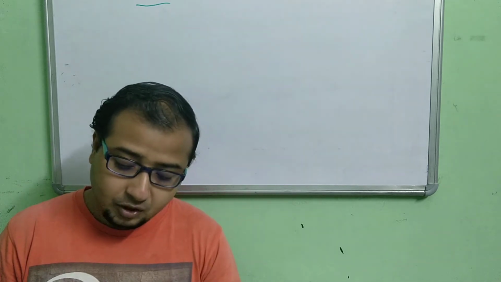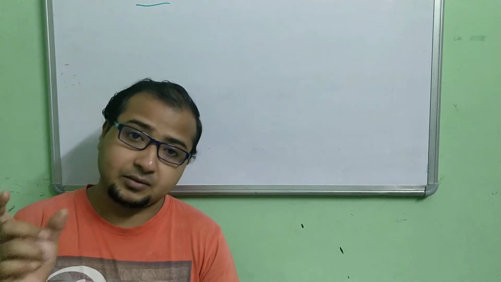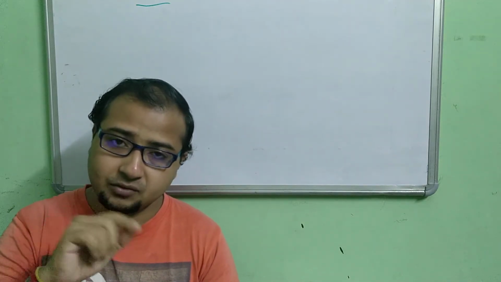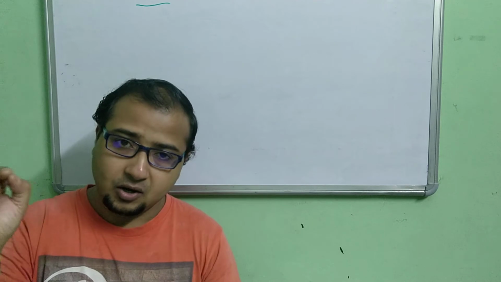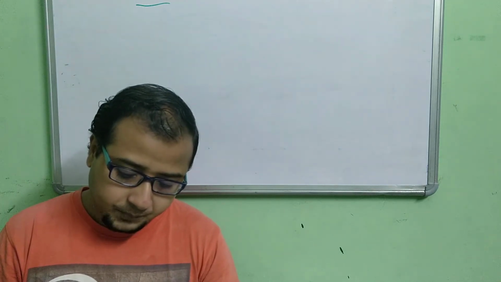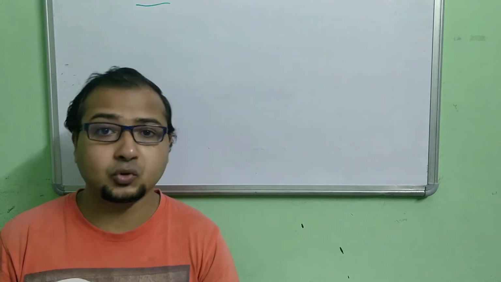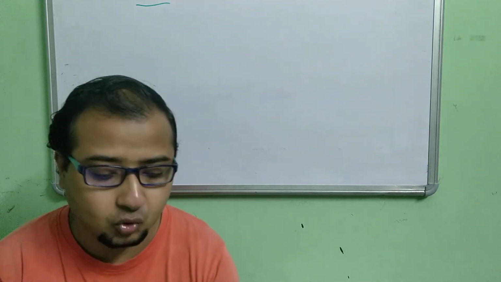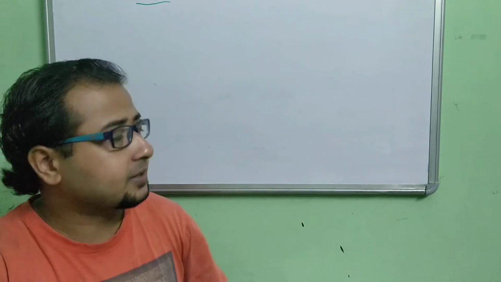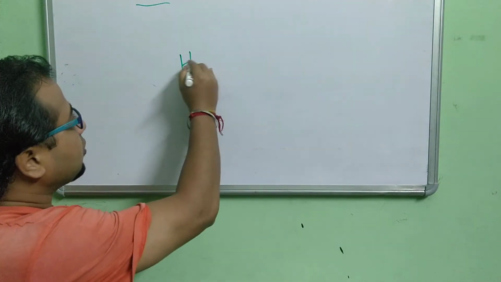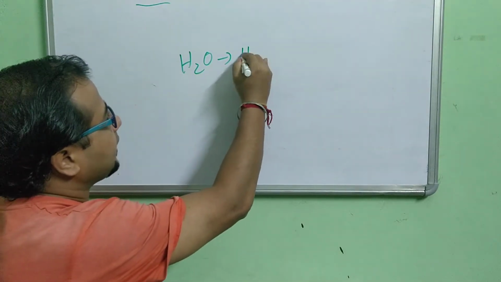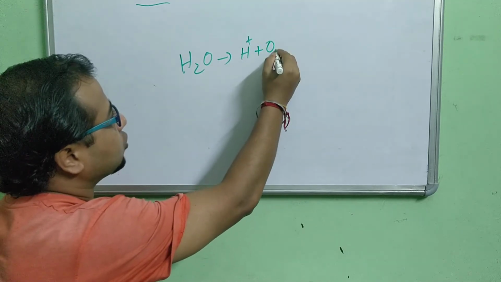So oxygen comes from H2O that breaks down, from which the H plus and oxygen are released. Now this hydrogen ion combines with the carbon dioxide to form glucose. So if you see it very simply, H2O is broken down into H plus and O2.